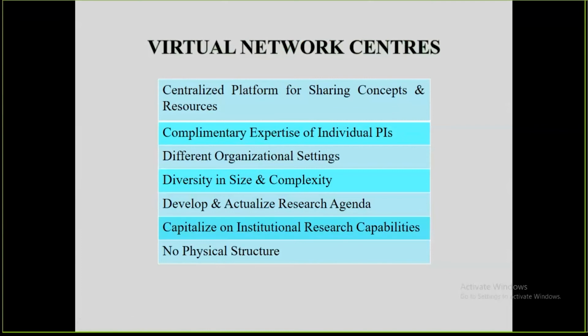Virtual network centers facilitate a centralized platform for sharing concepts and resources. It brings in complementary expertise of individual PIs drawn from different organizational settings, creates diversity in size and complexity, helps to develop and actualize the research agenda, and capitalizes on institutional research capabilities.